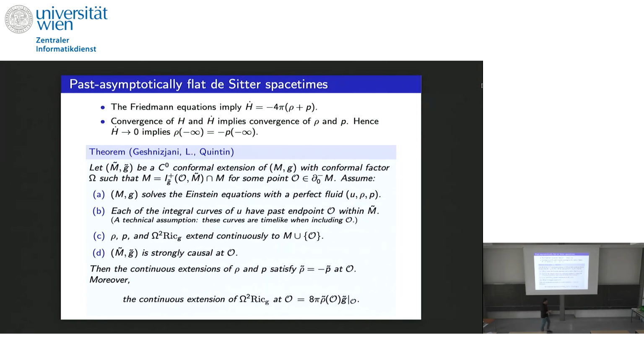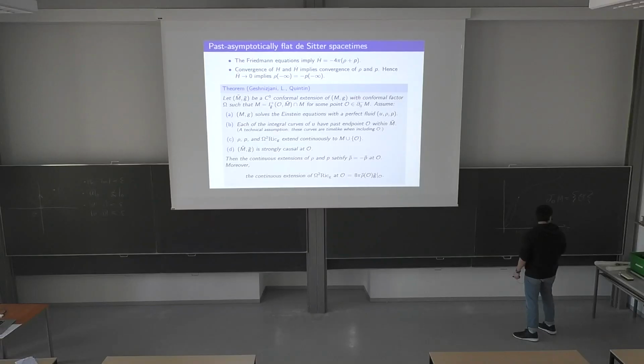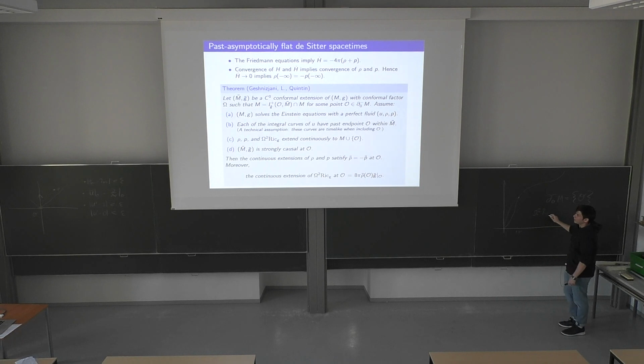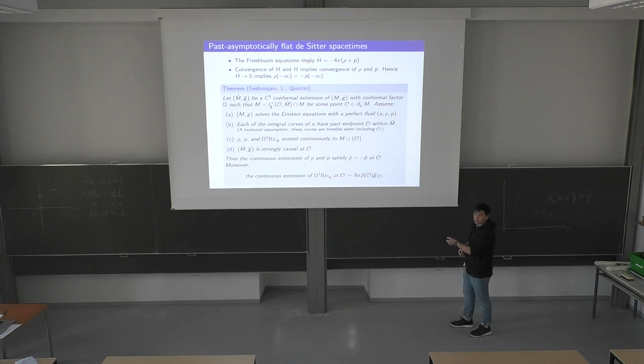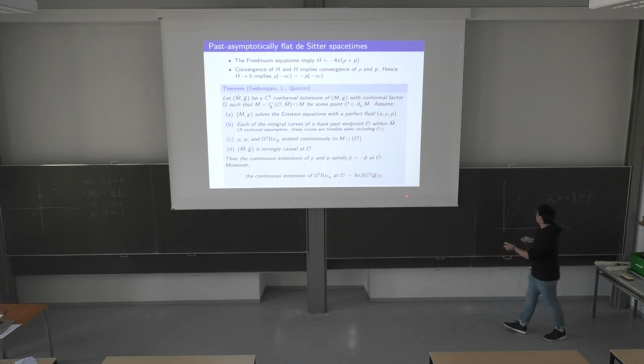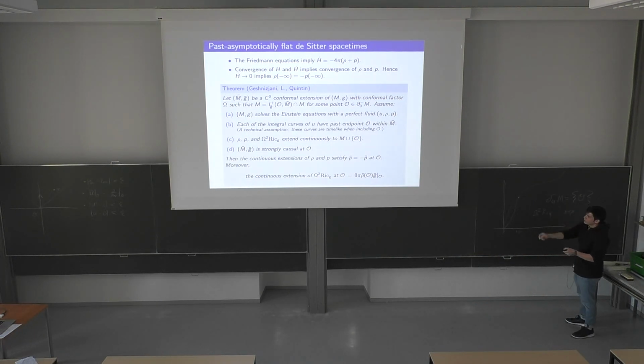So let me just make one point on this. Omega squared Ricci g tilde is equal to, so this is a true statement at that origin that lies on the past conformal boundary, okay? But this is equal to 8 pi rho tilde g tilde.